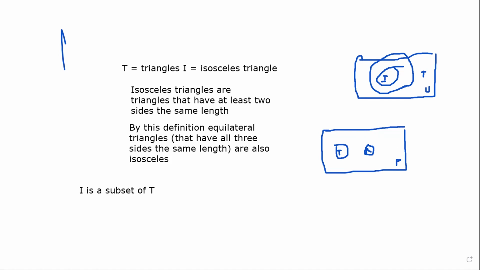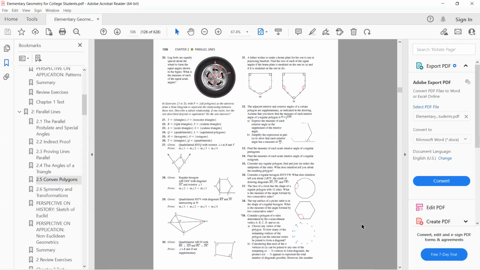So let's go back to this and see what else. Do they ask us anything else? Represent the relation. Describe a subset relationship. We did that. Are the sets described disjoint or equivalent? So for 21, we described the subset relationship: I is a subset of T. And are the sets described disjoint?